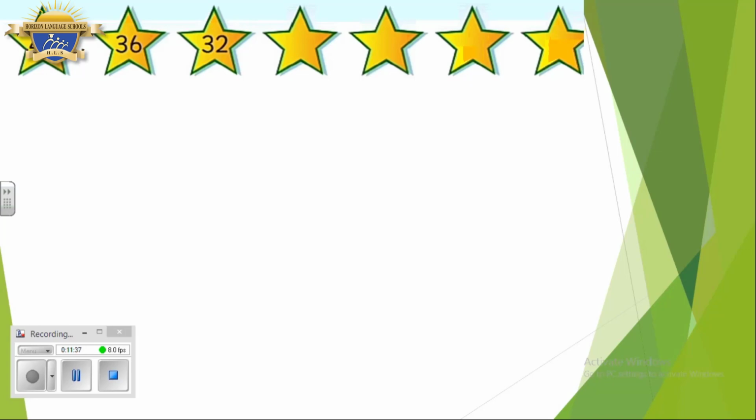We said increase when we add, but decrease when we take away. I have here 40 apples. The 40 apples become 36. So it decreases, right? Because I take away. 40 is bigger than 36. But how many apples do I take from the 40 so that it becomes 36?